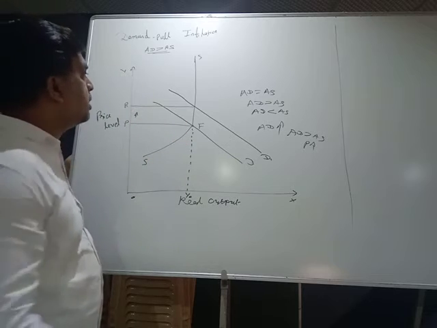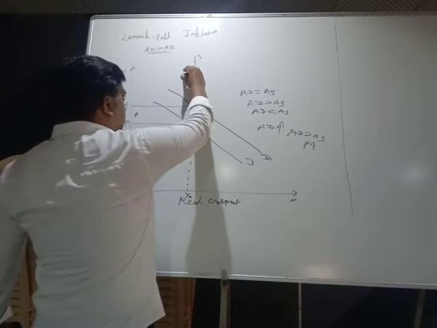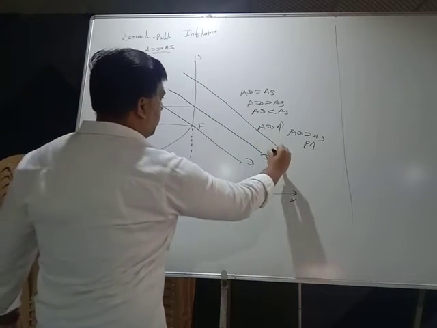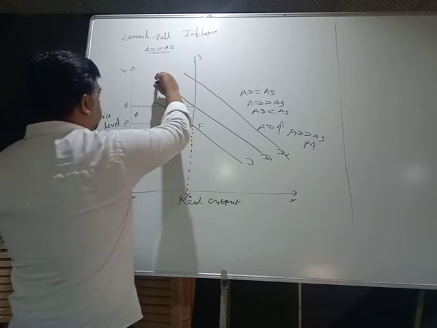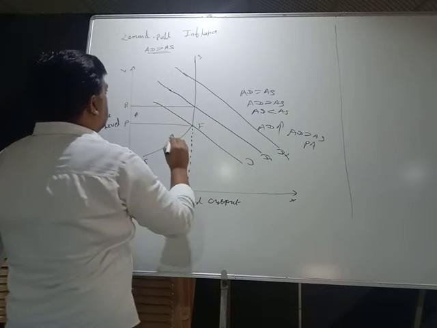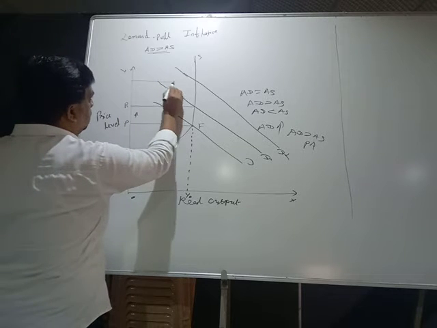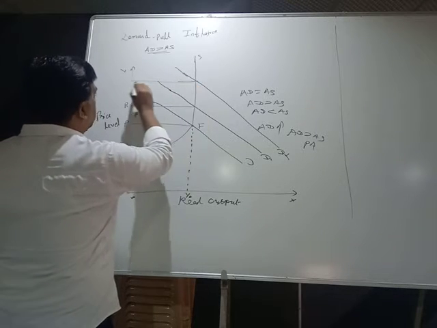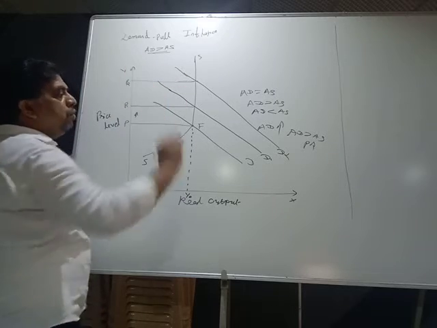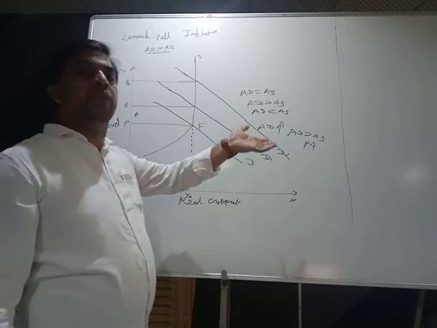Again demand rises, so we have to draw another parallel curve. We will name it D2. Here it will be P2. So the demand curve shifts upward.